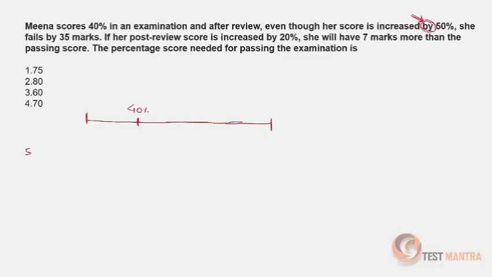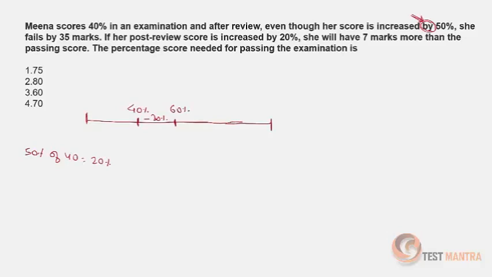It's basically 50% of 40. That means it should increase by 20 percentage points. So it is not 50% overall, it is increased by 20% overall. Till here it's equal to 60%, right?